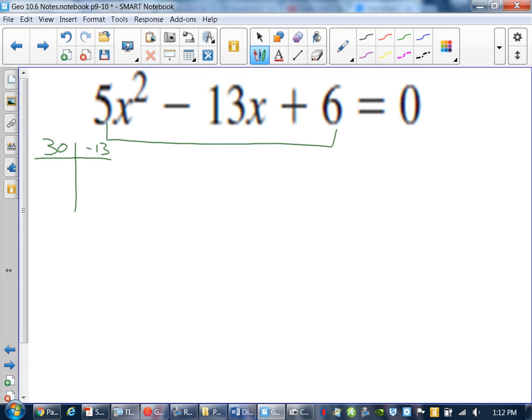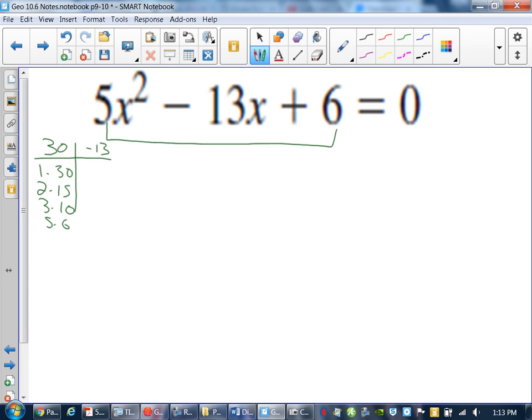So now we just go through our lists of 30. Well, 1 and 30, 2 and 15, 3 and 10, 5 and 6. Which of those combinations being both negative gives you 13? Negative 3, negative 10, right. I mean, 2 and 15 will get you there, but one has to be positive, one has to be negative, so it wouldn't technically work.